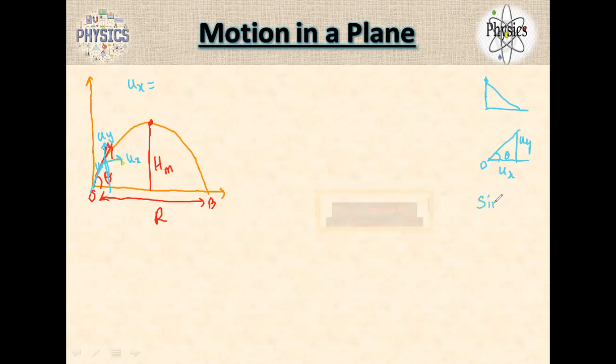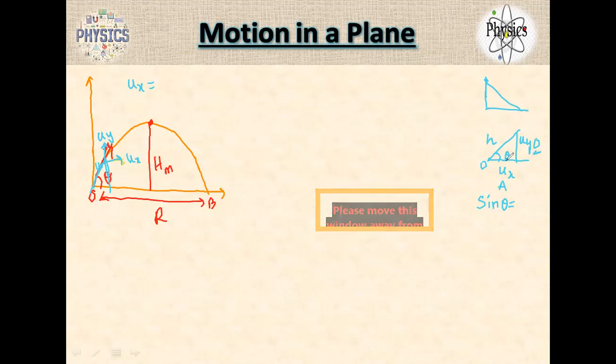You should remember sine theta; I'm going to explain trigonometry later. Sine theta is the opposite side to the hypotenuse. This is called the hypotenuse, the opposite side, and the adjacent side. Remember these. Whichever side is opposite to theta, we call the opposite side.